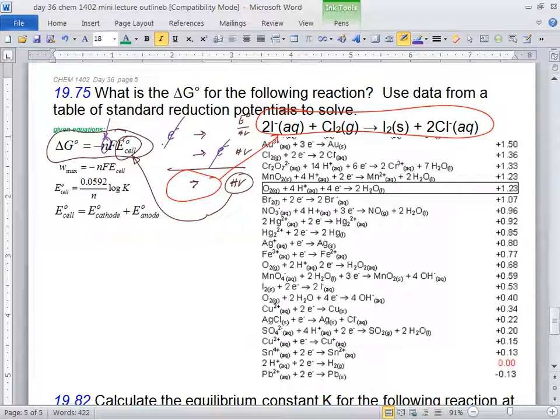They cancel out when we're adding up those half reactions to get the overall reaction. If 6 of them cancel out, well then little n's going to be 6. If only 2 cancel out, little n's going to be 2. If only 1 cancels out, little n's going to be 1. So see if you can figure it out and get an answer for this.